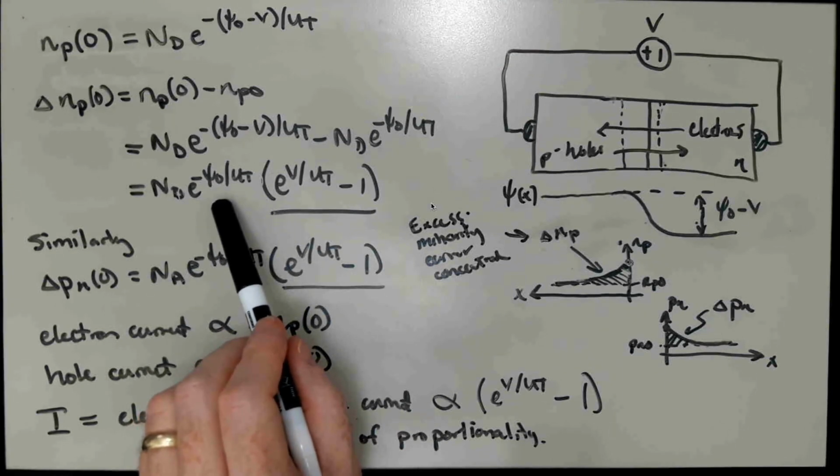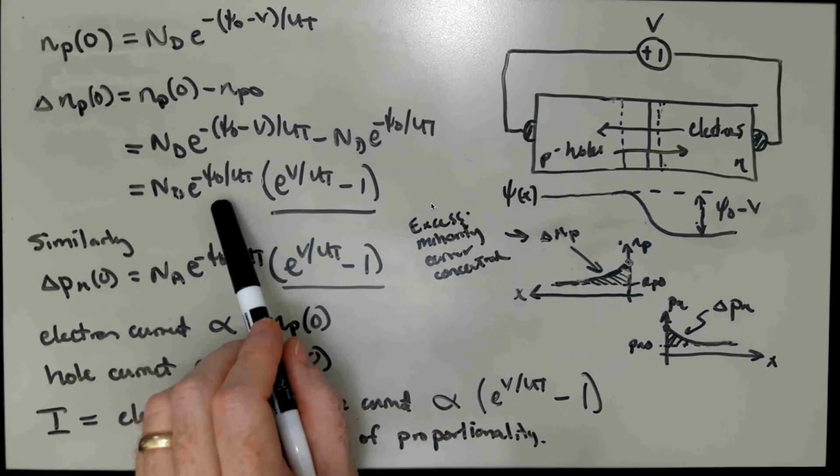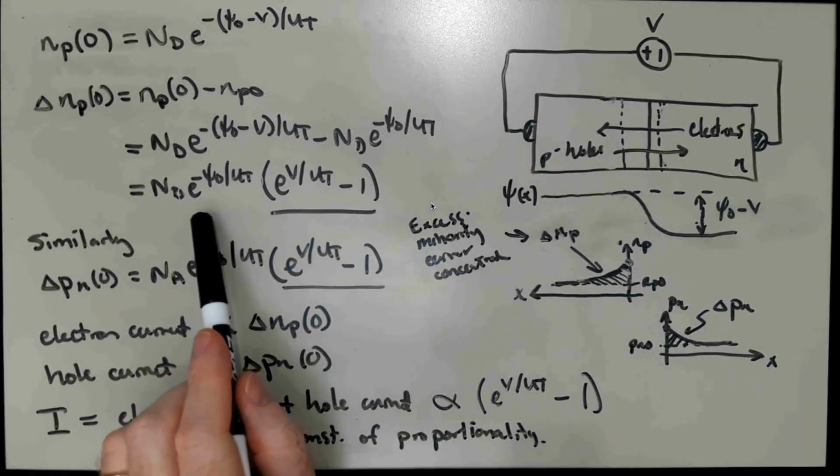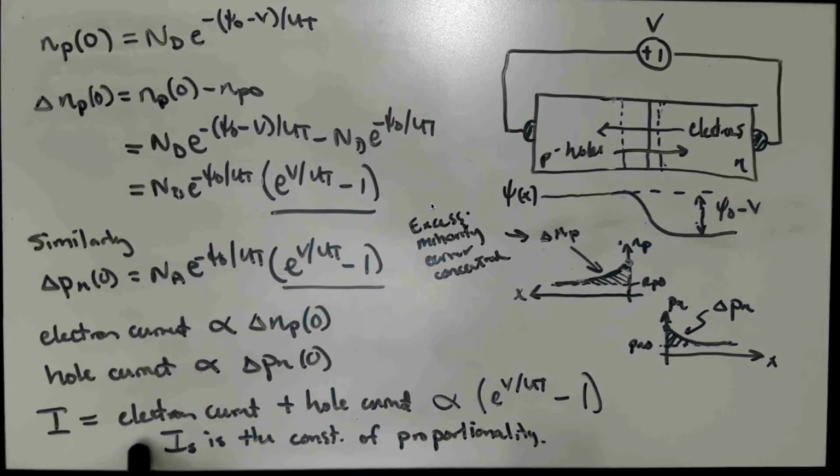And so we shouldn't need to know what this is if we have a prayer of making any kind of circuits that are robust to temperature variations. And so we're never in practice going to actually need to know what IS is in detail. I mean, we may do the kind of measurement and curve fit that you're doing in Lab 2, and you may be able to extract it from that curve fitting exercise, and that's all well and good, but we're never going to need to rely on a specific value of IS.